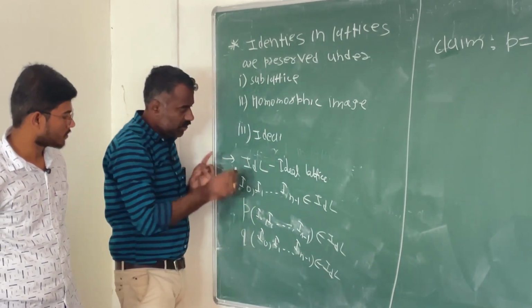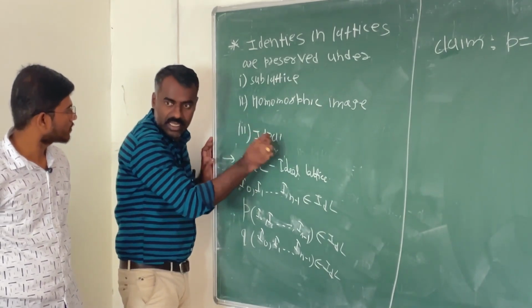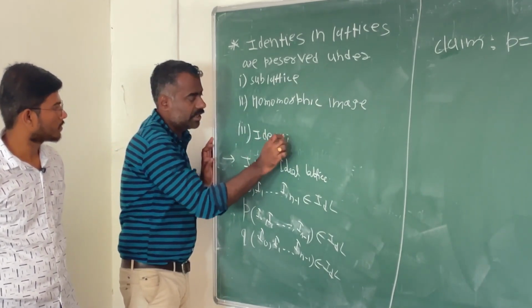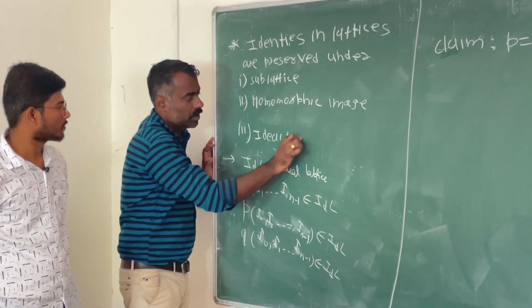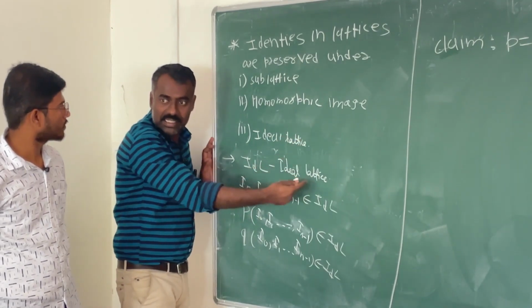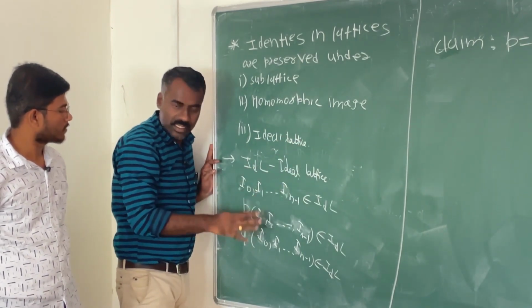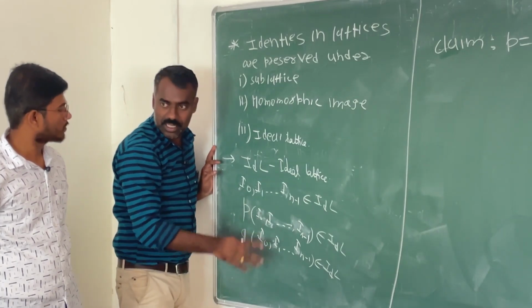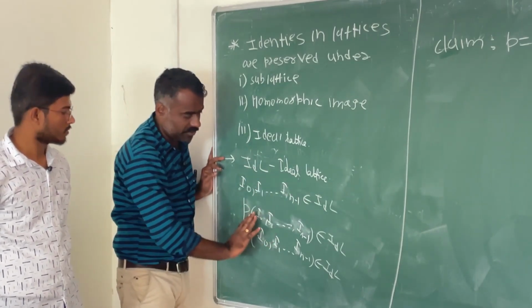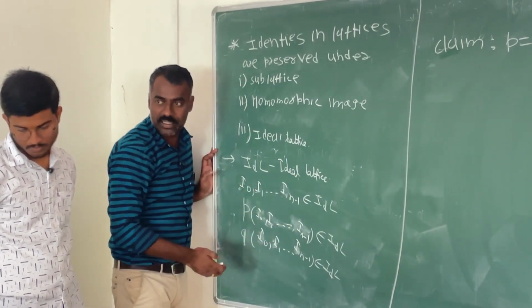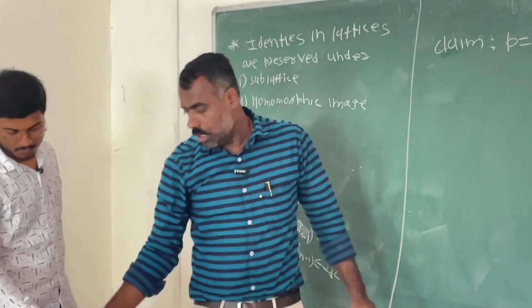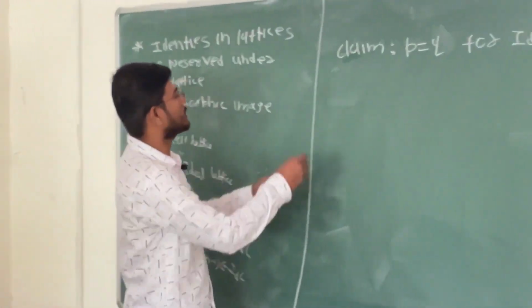So what you have here is an ideal lattice, a lattice whose elements are ideals. There we prove that it preserves. That means if P is equal to Q, then P of these ideals is equal to Q of these ideals, right? Here also we need some understanding.